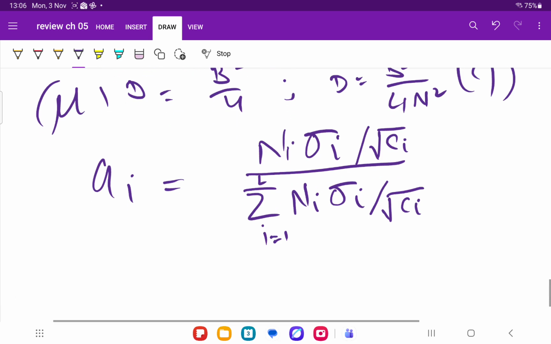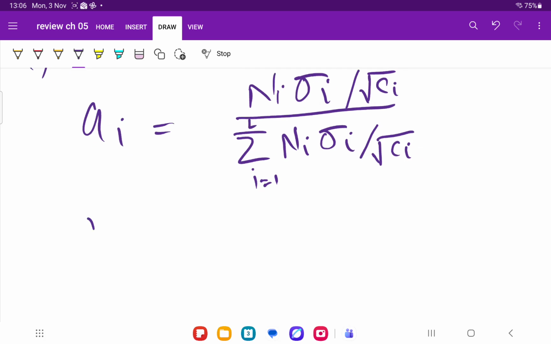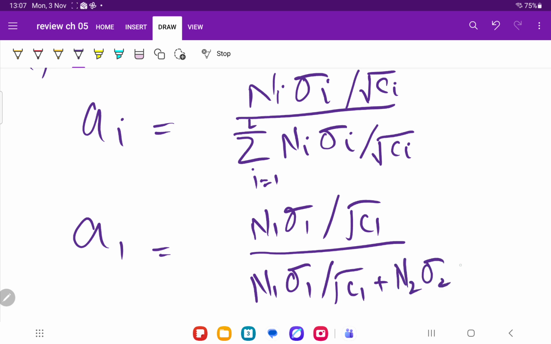Let me open it for 2 strata. For example, you have 2 strata. For only 2 strata, A1 is N1 sigma 1 square root C1 divided by N1 sigma 1 square root C1 plus N2 sigma 2 square root C2.